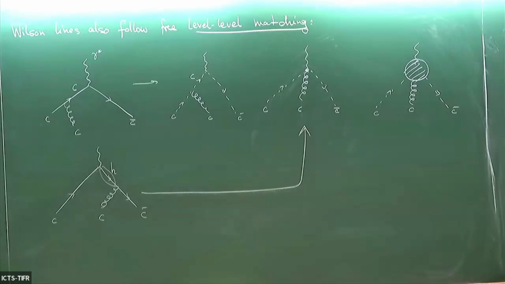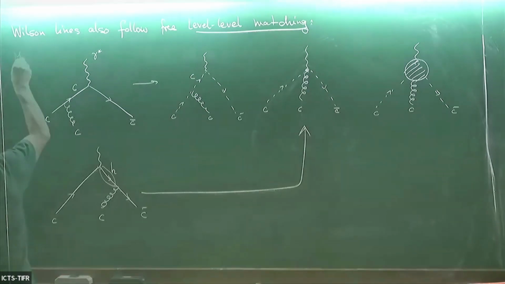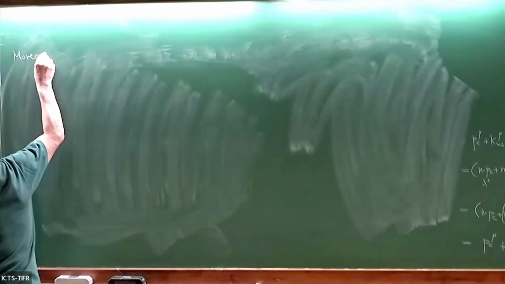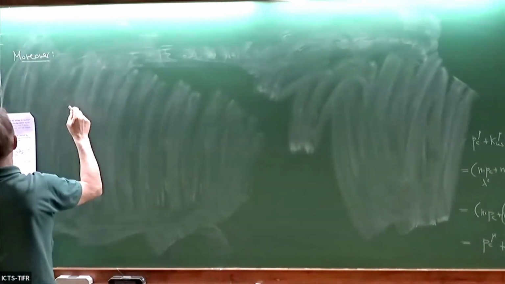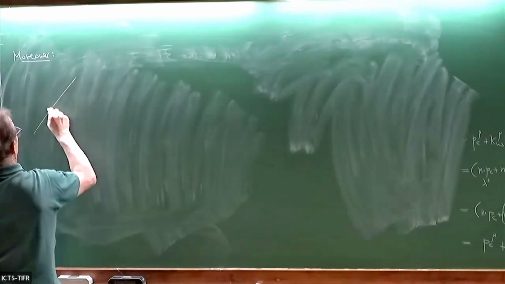But before we do that, let me tell you that here we do tree-level matching. So it's not that the loop expansion saves us. Let me just say that this is not the end of the story. I can look at diagrams of that type in the full theory.